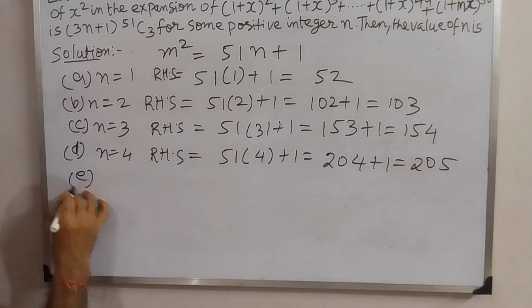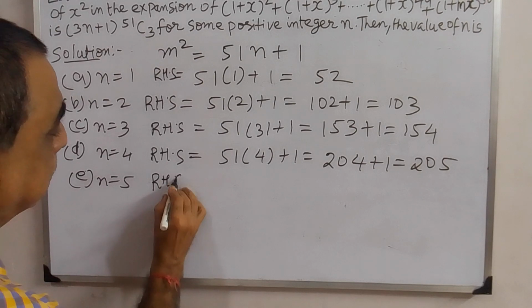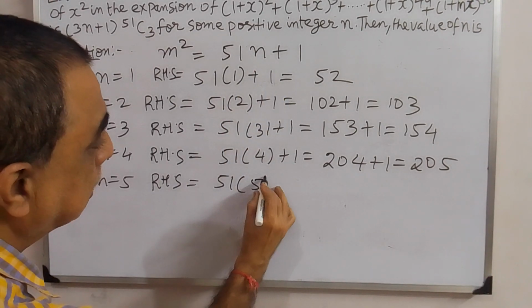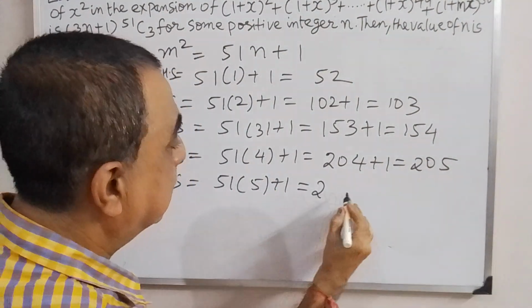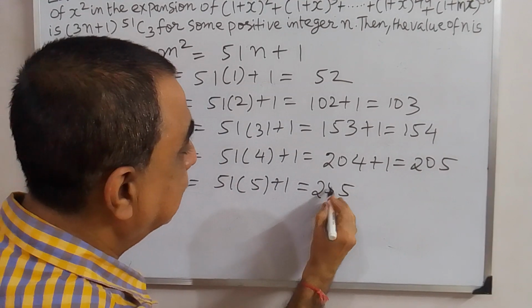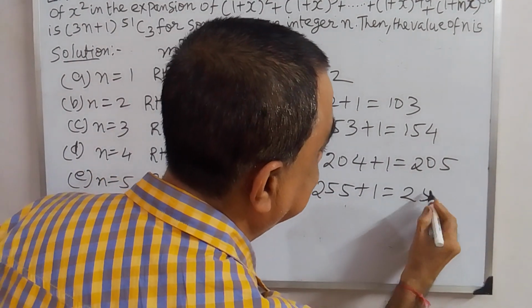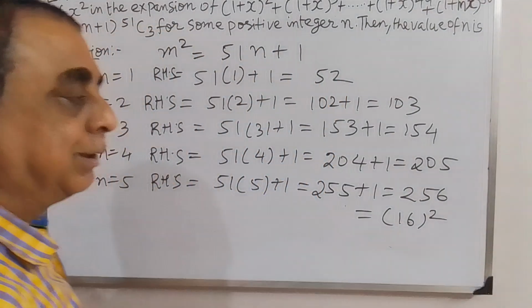Then check n equal to 5. The RHS will be 51 into 5 plus 1, and this is 255 plus 1, which is 256, and 256 is the square of 16.